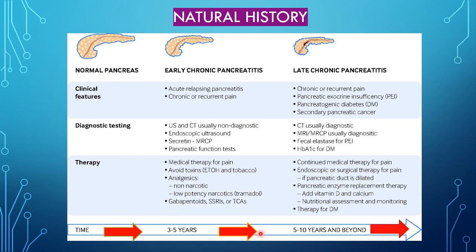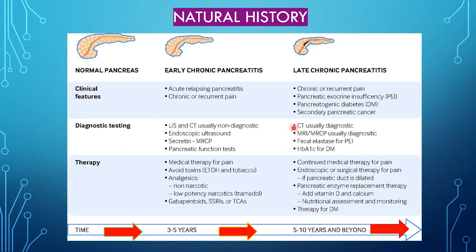As the disease progresses from 5 to 10 years and beyond, it becomes late chronic pancreatitis. Again, the symptoms are worsened. There's chronic or recurrent pain, pancreatic insufficiency, pancreatogenic diabetes, and secondary pancreatic cancer. CT is usually diagnostic. MRI and MRCP are usually diagnostic. Fecal elastase is diagnostic of malabsorption for pancreatic insufficiency, and HbA1c for diabetes mellitus.